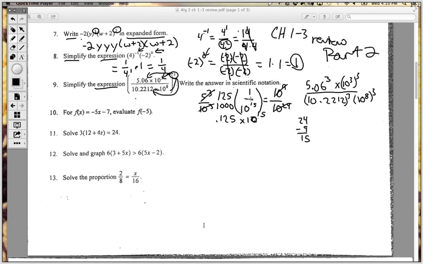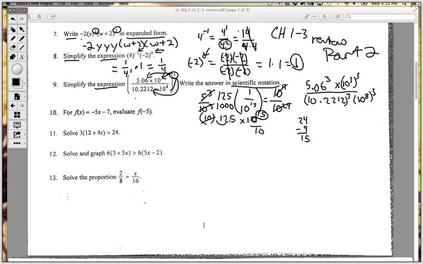And what I'm looking for then is, how do I deal with this decimal? Well, if it's got to be in scientific notation, that means we got to move this decimal over once. But if it's moved over once, I got to compensate in the 10th power, because I'm multiplying by 10 there, so I got to divide by 10 over here.